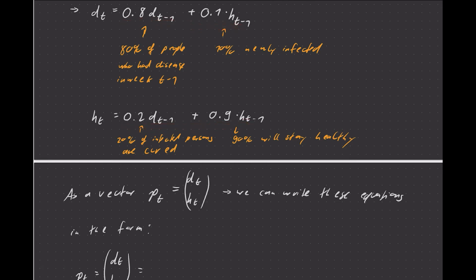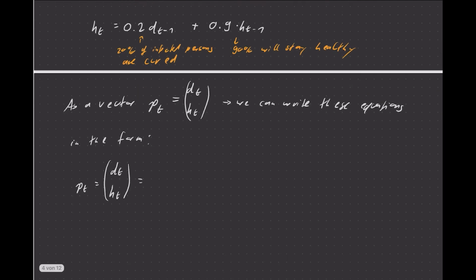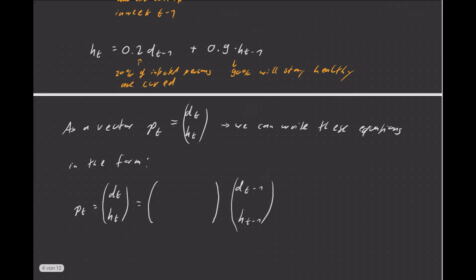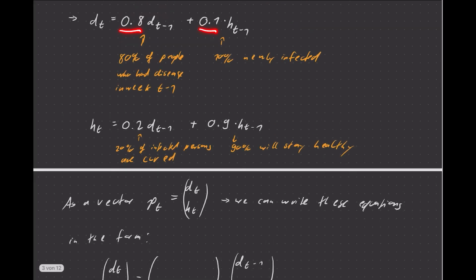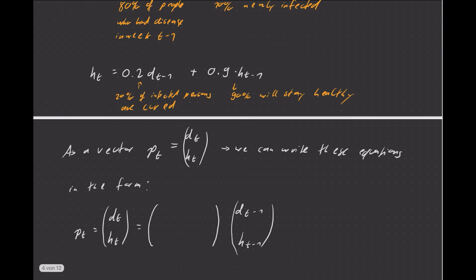So we'll have 0.8 times d_{t-1} and 0.1 times h_{t-1} for the first part. So we'll have a matrix here, and we put d_{t-1} and h_{t-1} here. And then we have to just put in these numbers in the first row. So that's 0.8 and 0.1. And we have to put these numbers here in the second row.